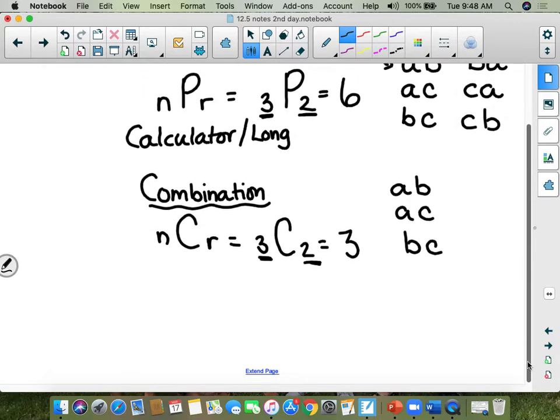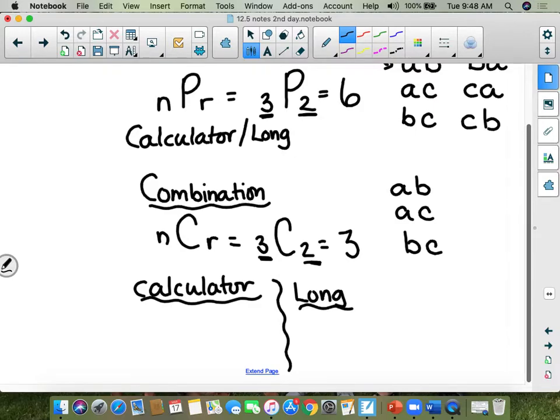I'm going to show you the calculator way, and I'm going to show you the long way, depending on what you have. Your calculator has a PRB button. It's way over on the left side of your calculator.